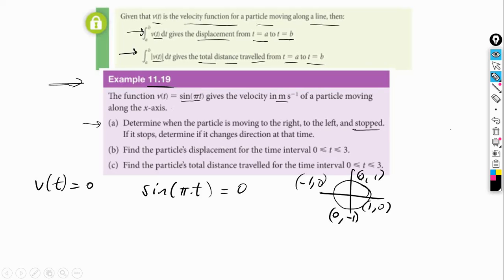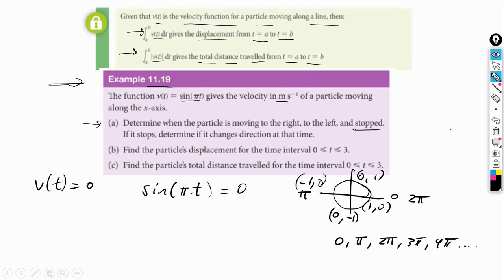So when is sine equal to 0? Well, sine is equal to 0 at 0, at pi, at 2 pi, at 3 pi, and so forth. So 0, then pi, then 2 pi, then 3 pi, then 4 pi, etc.